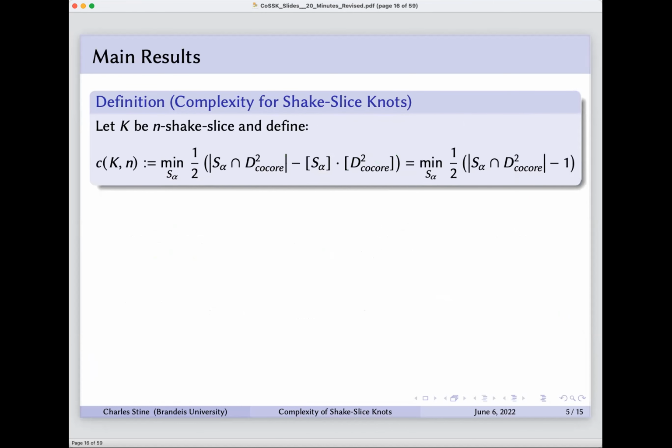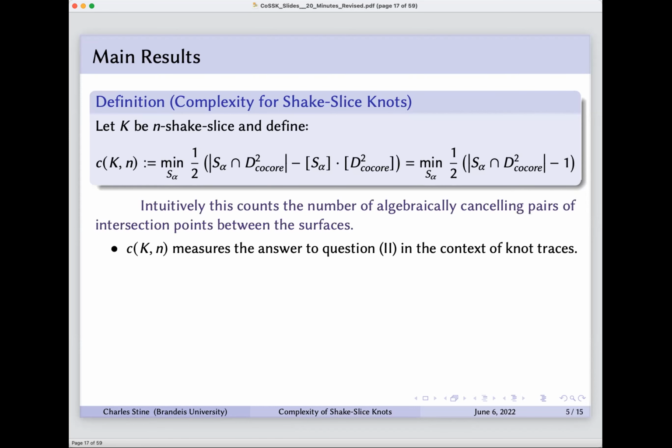So here is the definition of complexity from the previous slide, but this time phrased in the setting of knot traces. What we're doing is taking an n-shake slice knot, looking at all spheres S alpha which generate the second homology, and looking at the minimum of the number of geometric intersection points between the sphere and the co-core minus the single algebraically essential point, and then we cut that number by half so that we're counting pairs instead of individual points.